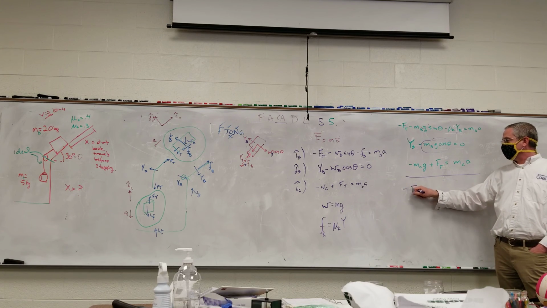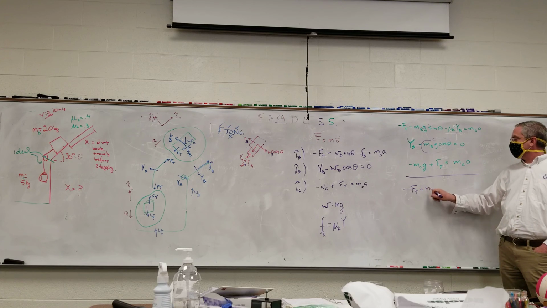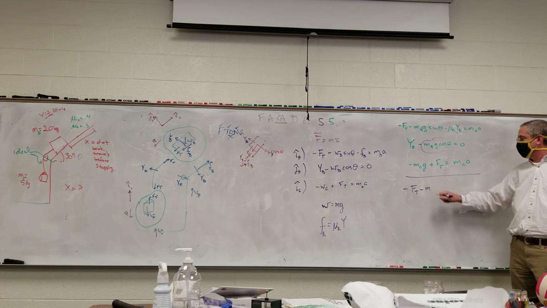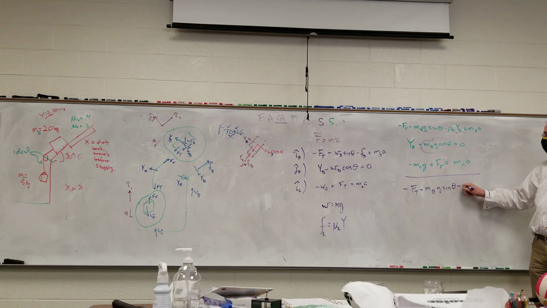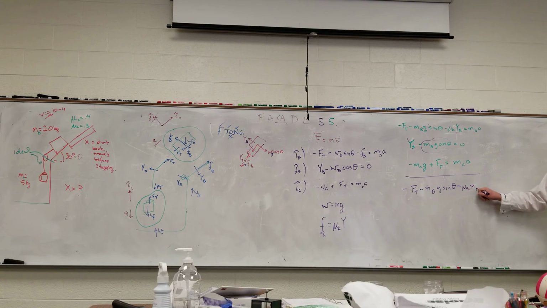So I have negative FT minus MBg sine theta minus mu k MBg cosine theta equals MBA.